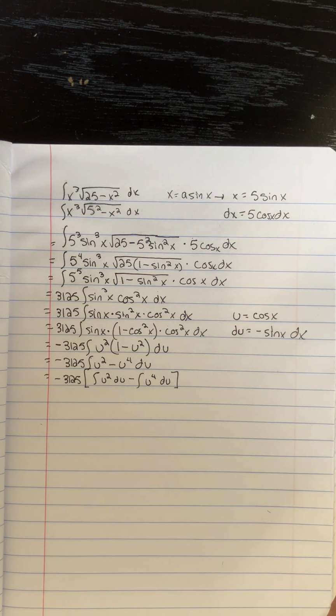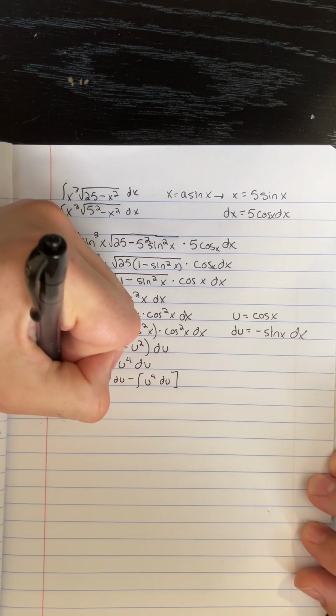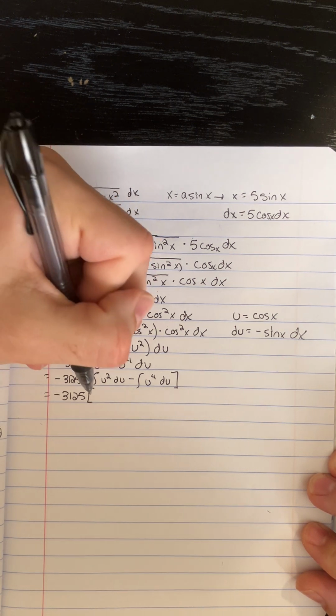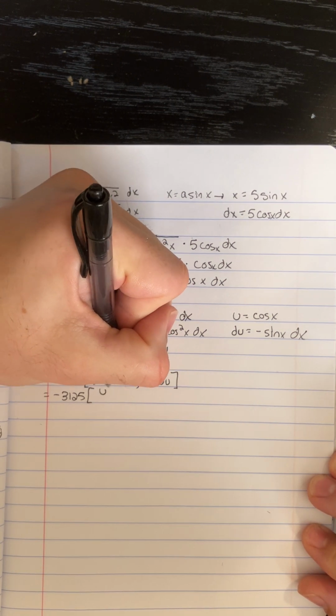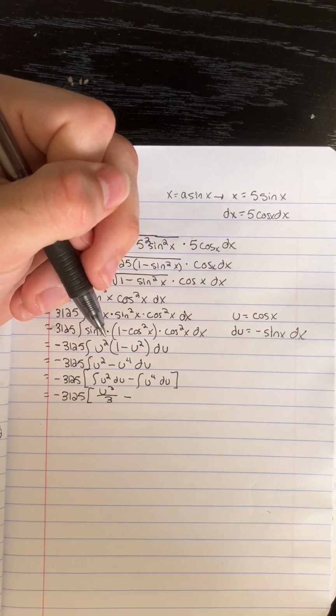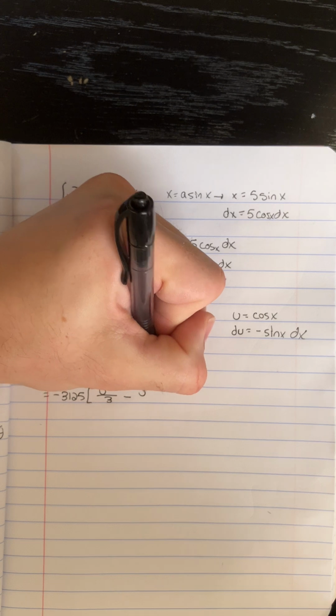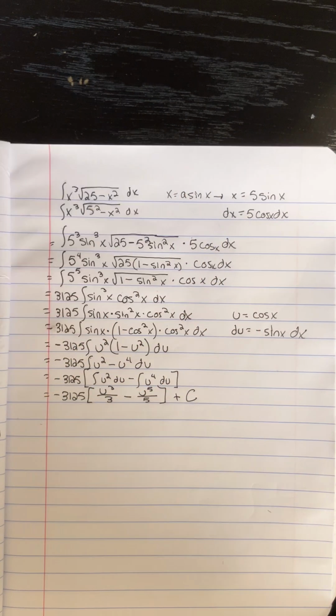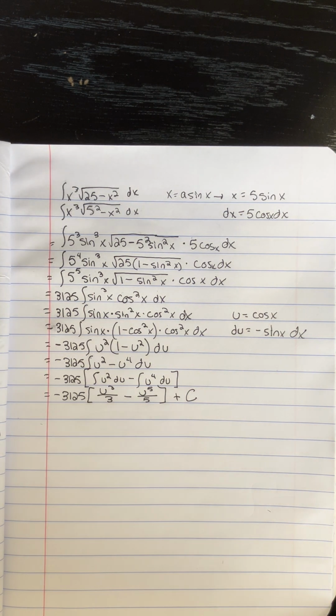The integrand of u squared is going to be u to the 3rd over 3. So we have negative 3,125 times the quantity of u to the 3rd over 3 minus the integrand of u to the 4th, which is going to equal u to the 5th over 5, plus c. Then from here we're going to have to undo the u substitution, and then furthermore, we're going to have to undo the trig substitution.